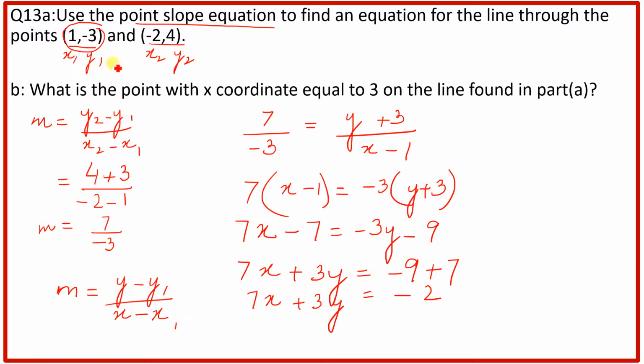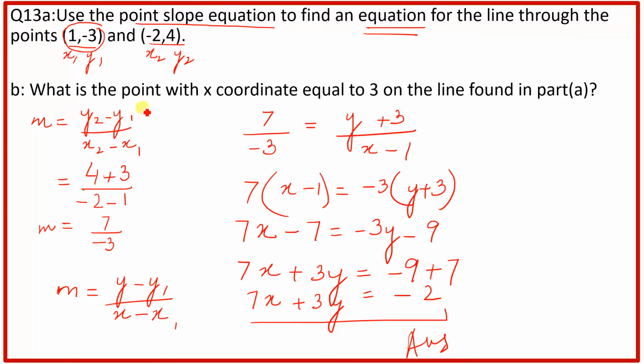This is the required equation. Use the point slope equation to find an equation. This is the answer of part A, for the line through these points. First of all you have to find out the slope, and when slope is there, you have to use the point slope equation.